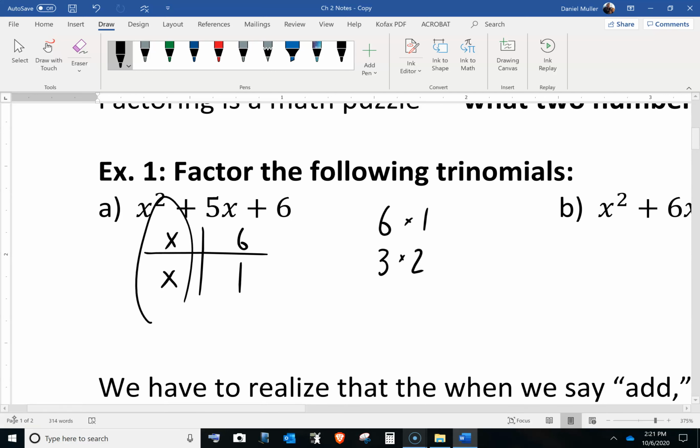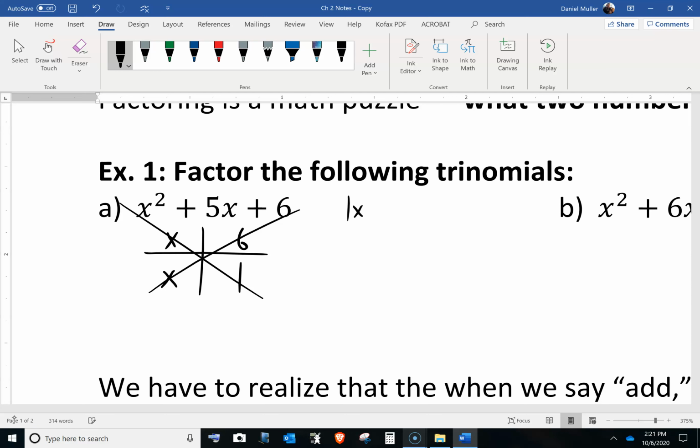So now the left 2 boxes multiply to the left, and the right 2 boxes multiply to the right. The way to now check to see if you've done this correctly, because we're just guessing, is to multiply the diagonals. This diagonal, 1 times x, is 1x.